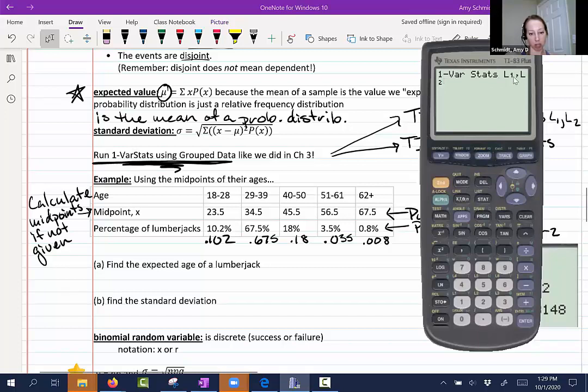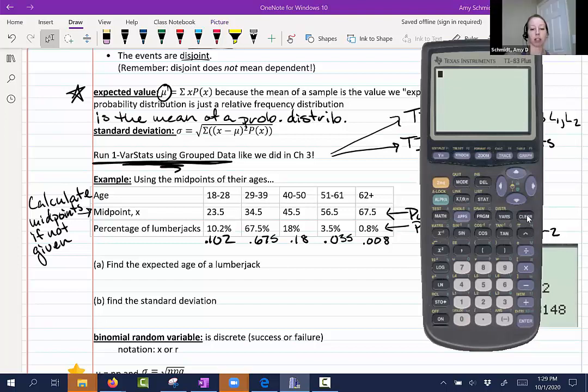You need to make sure that this is on the screen after the words 1-var stats. Are you able to do that? I have 1-var stats, and then it's blinking, but I have N5 as the number that I see. So I don't have what you have on the screen right now.